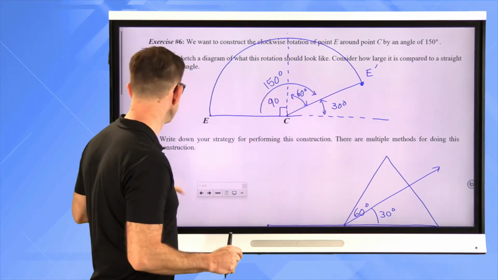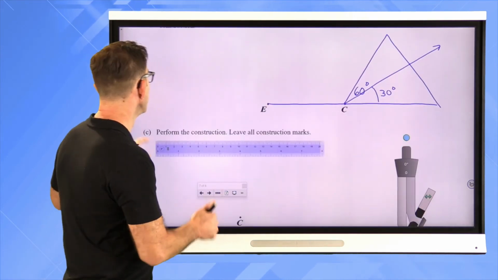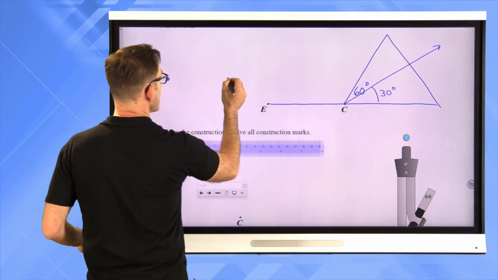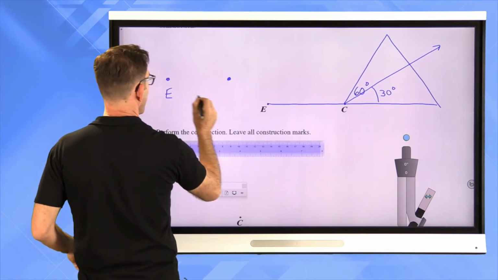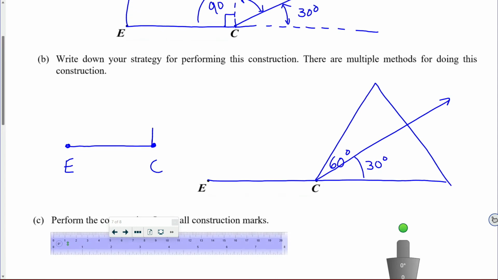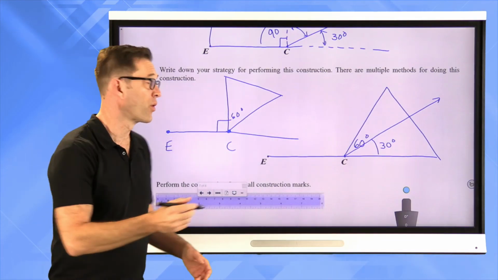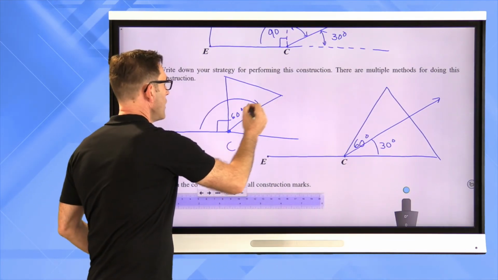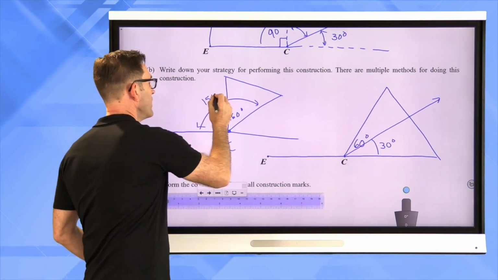Another way to do it would be to construct a 90-degree angle, because we've done that before, and then construct that equilateral triangle here so that you have a 60-degree angle, therefore giving you a 150-degree angle.